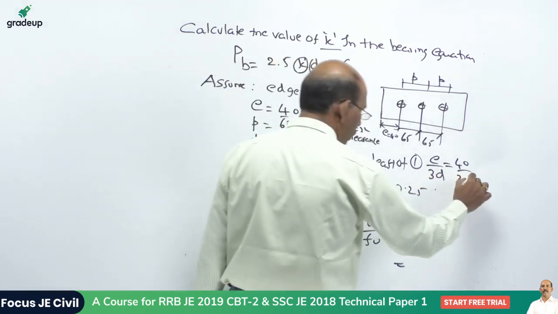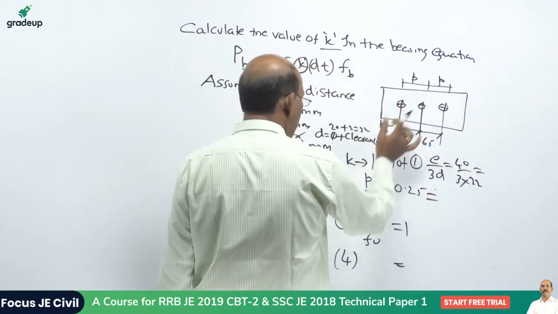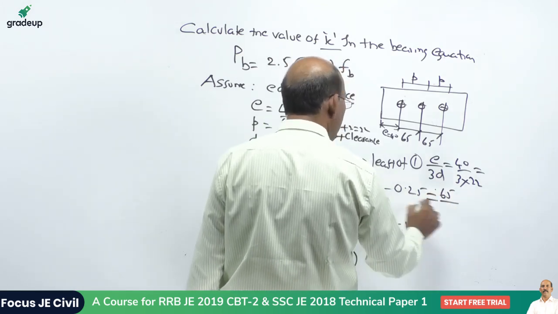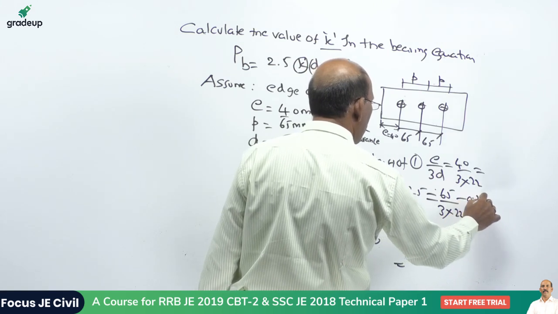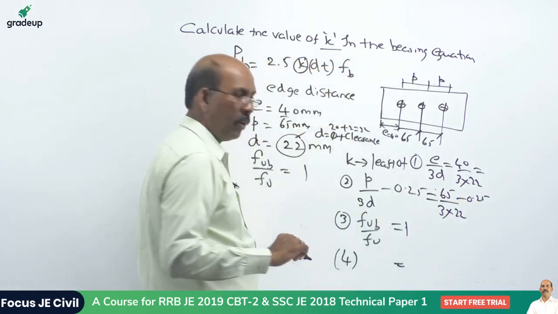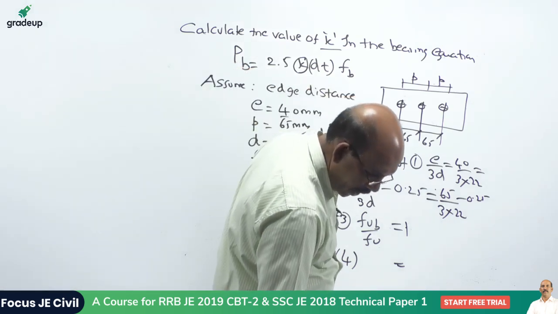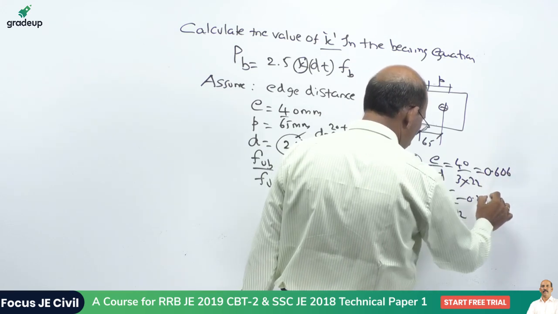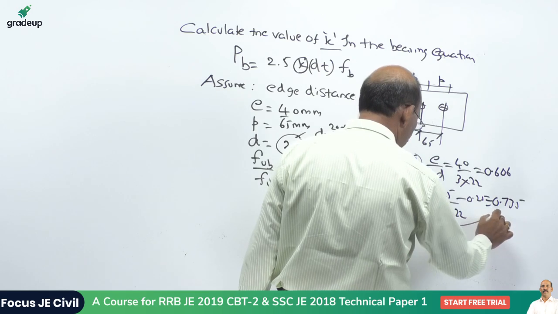Second, the pitch is given as 65 divided by 3 times the diameter 22, minus 0.25. The other one is 1. Among these three values, we get 0.606, 0.735, and 1.